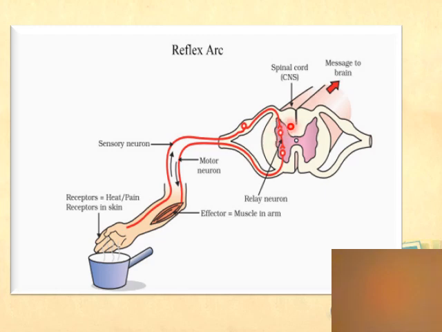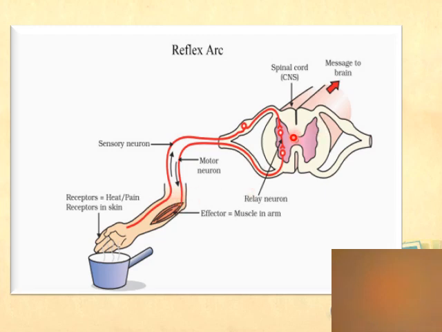Here is the interneuron. The interneuron is going to transfer the information toward another neuron. This relay neuron, which is between the sensory neuron and the motor neuron, plays an important role in transferring the sensory information to the motor neuron in order to transmit the motor message to reach the muscle in order to achieve a reaction.